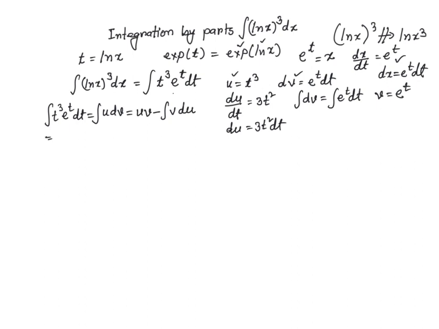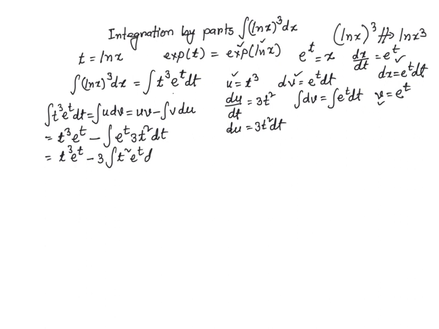Now u is t cube, v is e to the power t, minus the integral of v du. V is e to the power t, and du is 3t square dt.